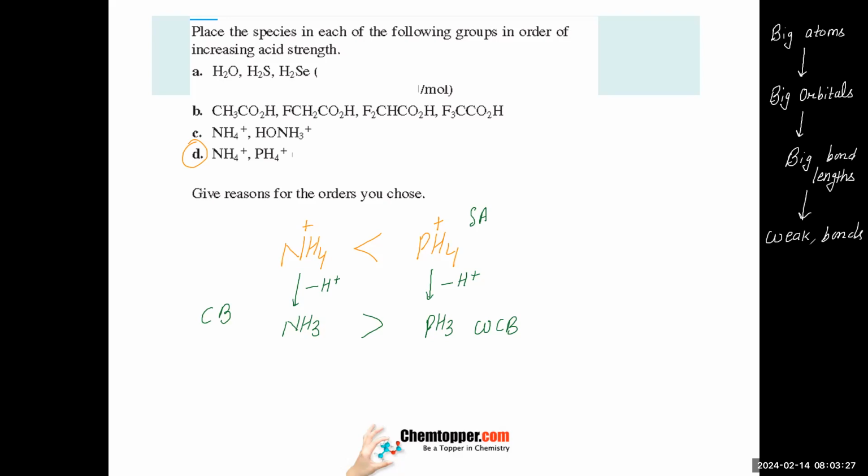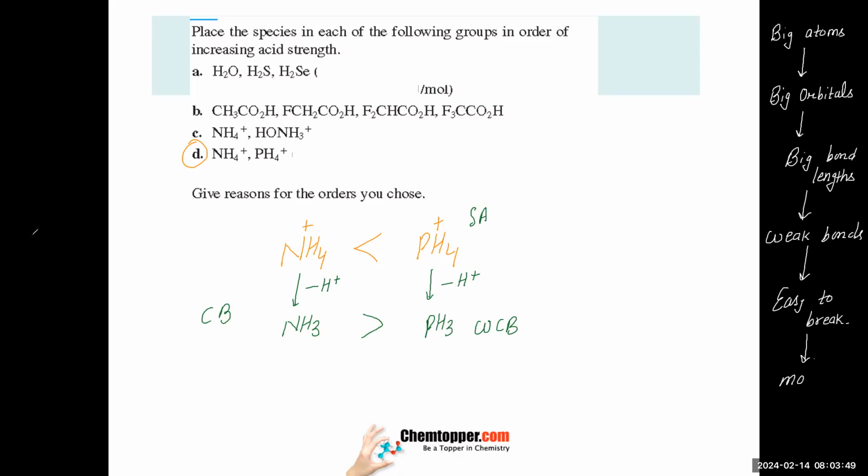Weak bonds mean easy to break. Easy to break means more acidic.